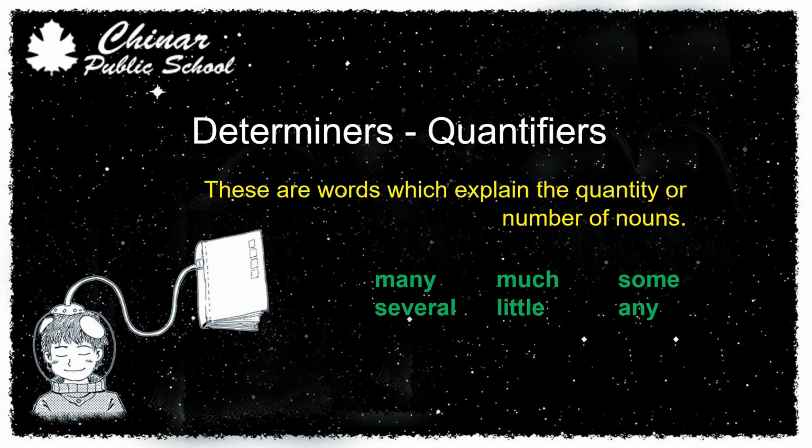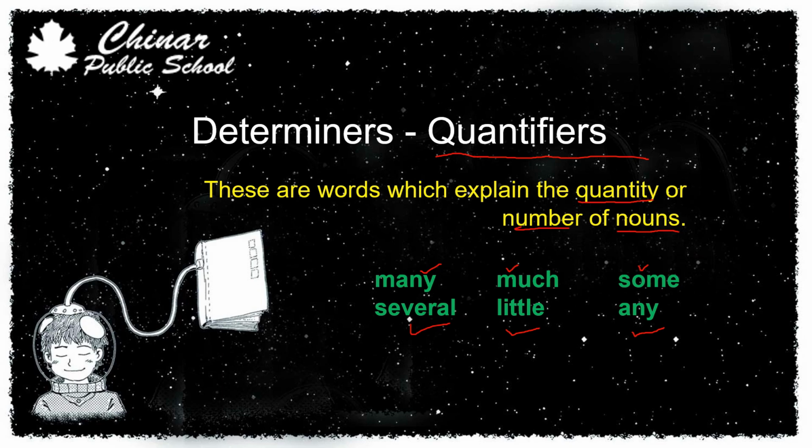Continuing, we have our next type of determiners, that is quantifiers. Words which explain the quantity or number of nouns. Many pens, much knowledge, some books, several sweets or several fruits, little sugar, any book or any such thing.